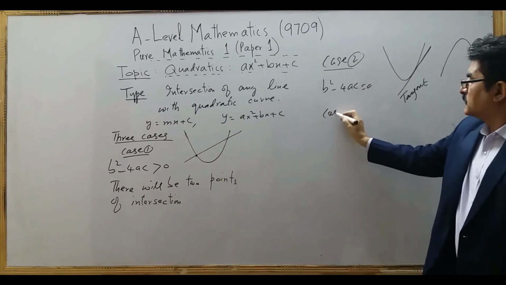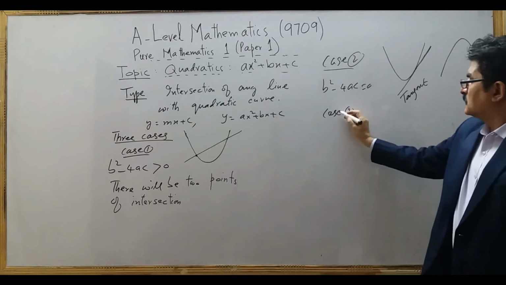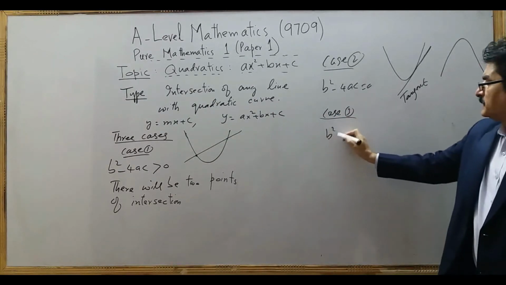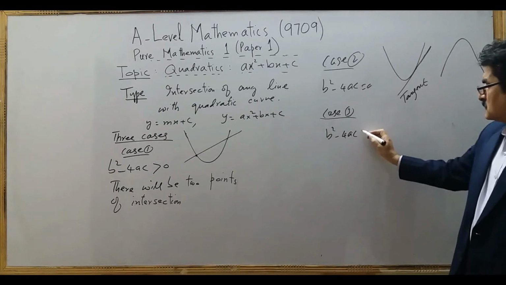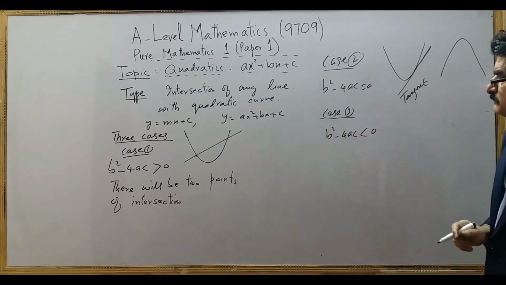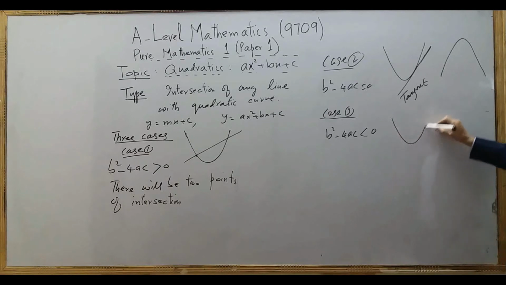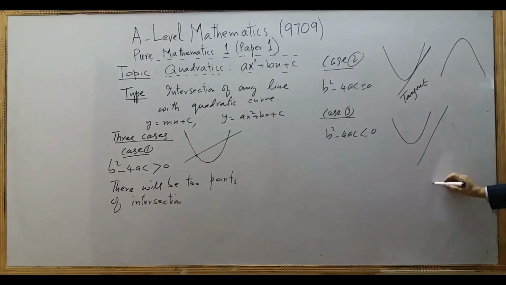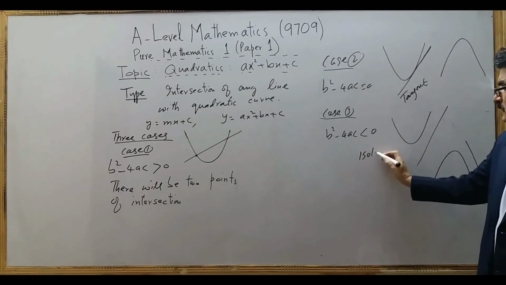Then we have case 3. Now in case 3, you have the discriminant less than 0. It means that if the curve is like this, the line will not meet the curve at any point. Or it can be like this. So we also say that they are isolated.